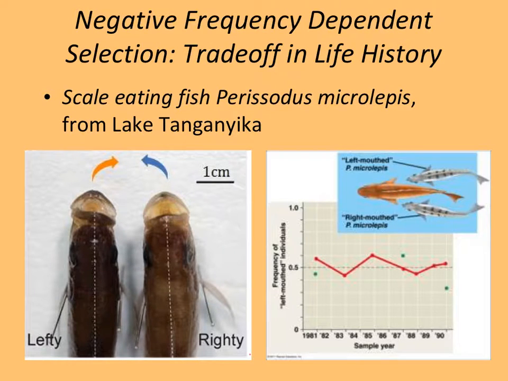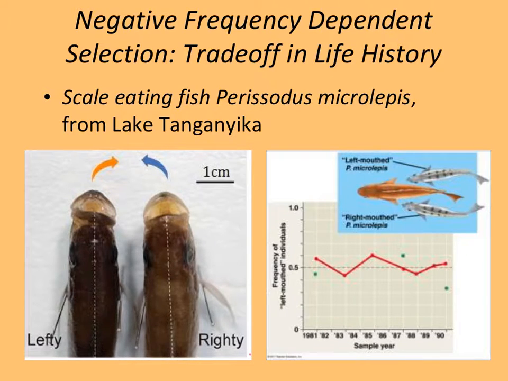Now, there's another kind of selection. You're not really going to be responsible for this, but I want to give you an example. There's something called frequency-dependent selection, and the number of individuals determines who is favored and who's disfavored.